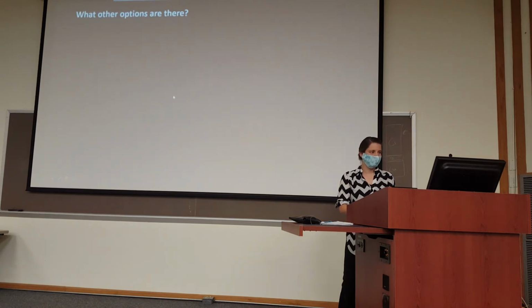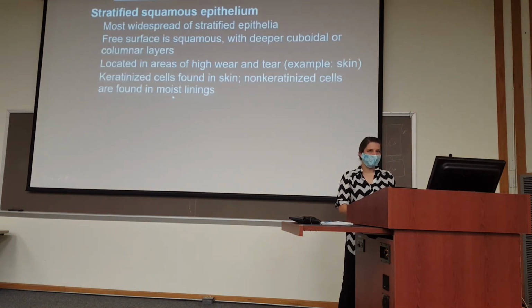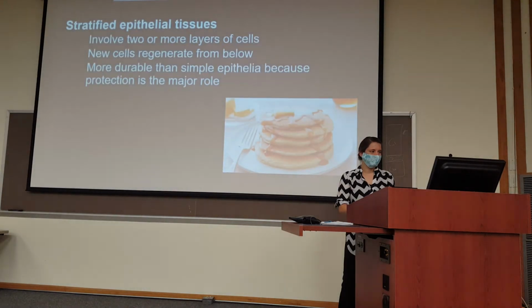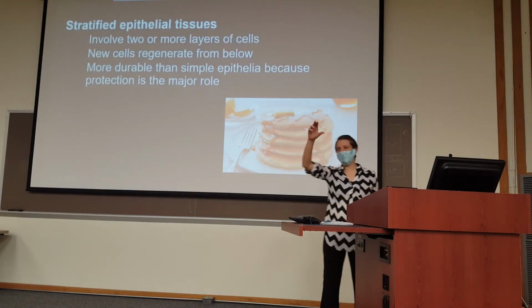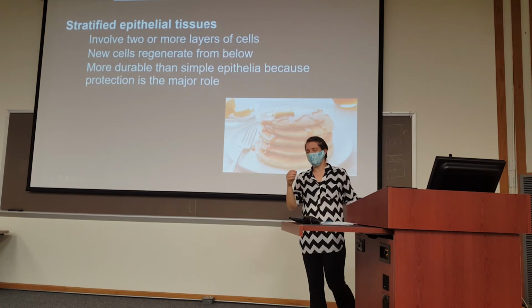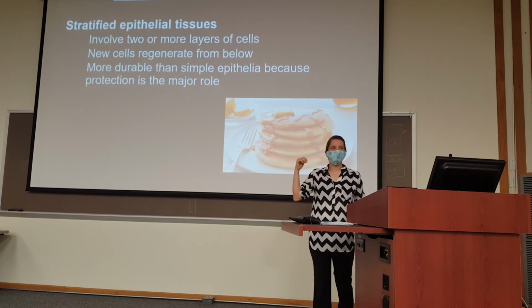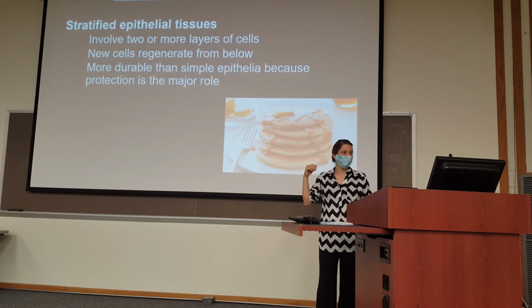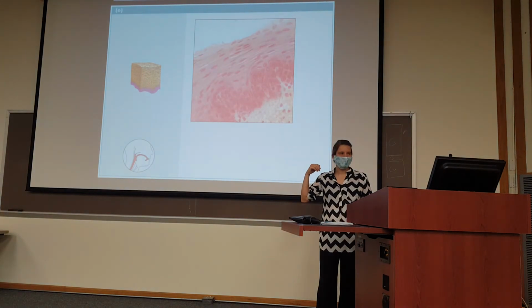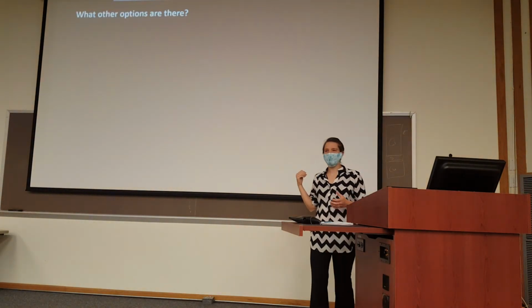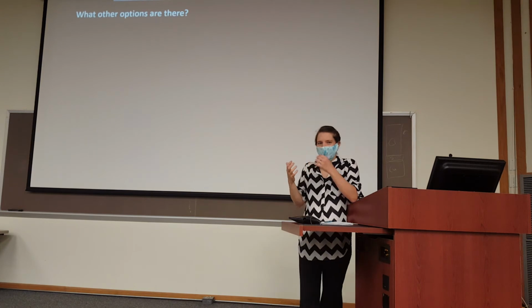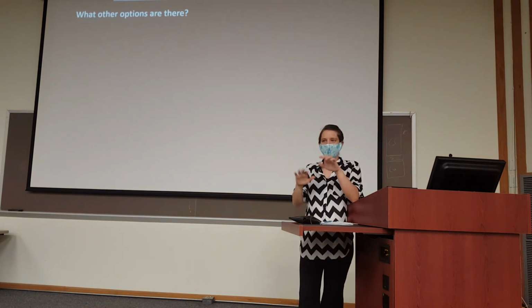All right, so we've had each type of option for the simple layers, and then for stratified, we've seen stratified squamous. What other options are there for types of epithelial tissue you could have? You don't have to actually be right, but theoretically, what are the options?